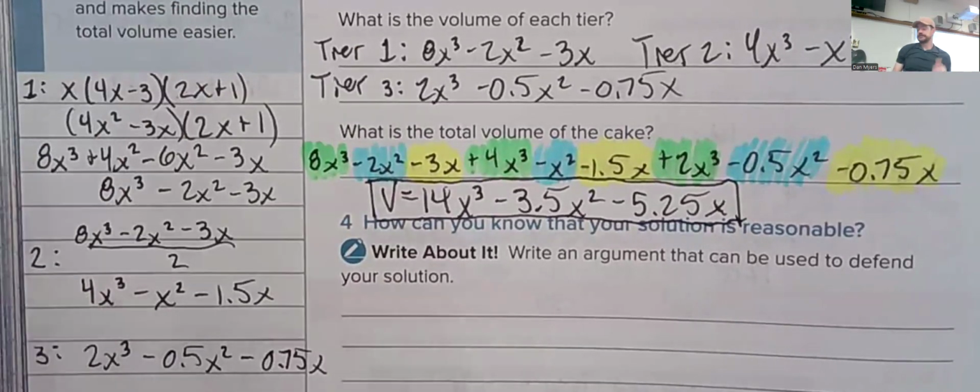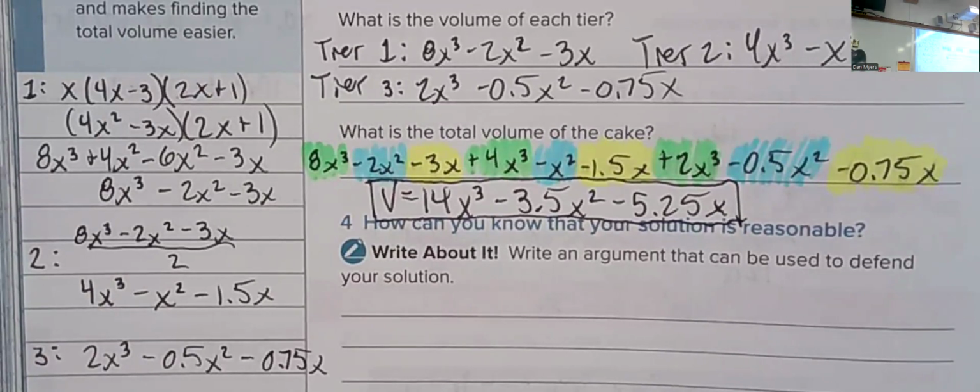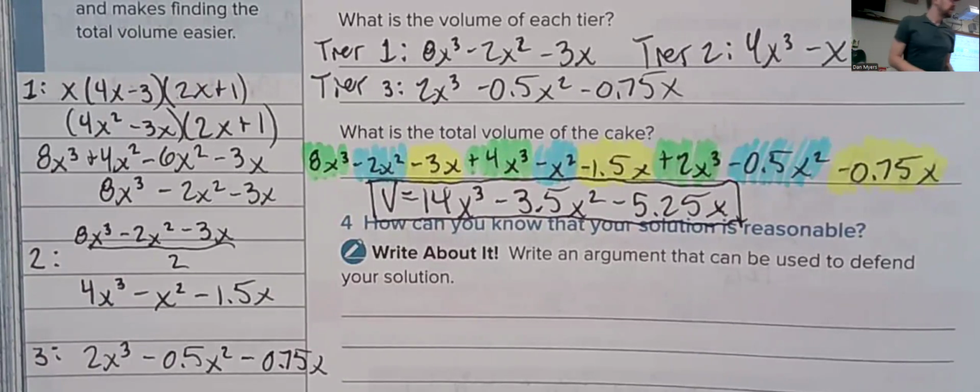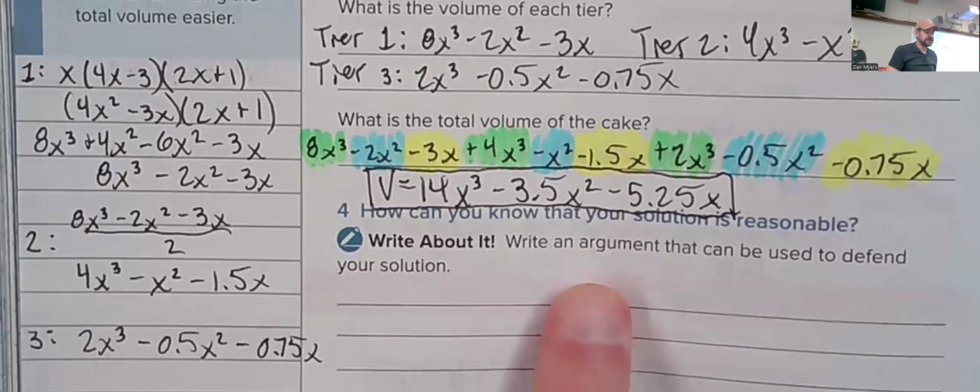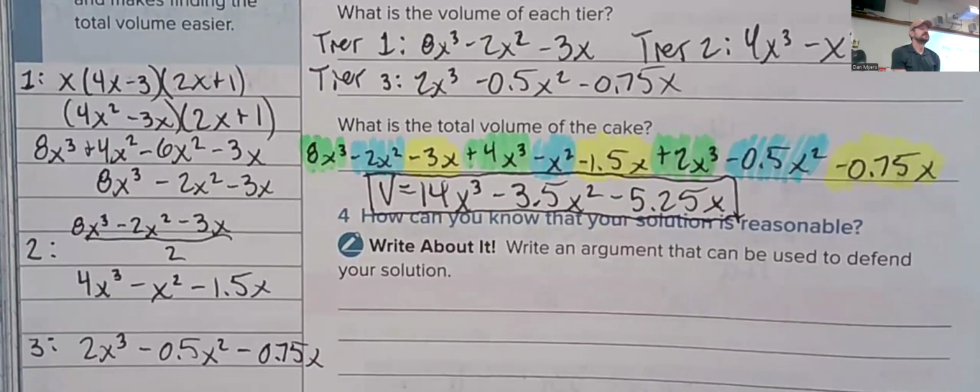Cool. We can just talk about this last one. We don't actually have to do it, but what would be a good way to verify that what we have done is correct? Down here. How can you know that your solution is reasonable? Don't worry about writing anything. We can just talk about it, but what do you think?